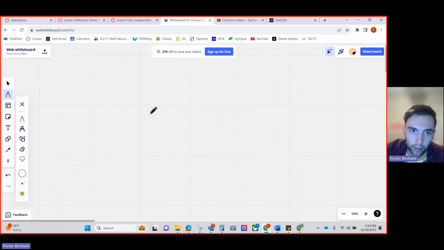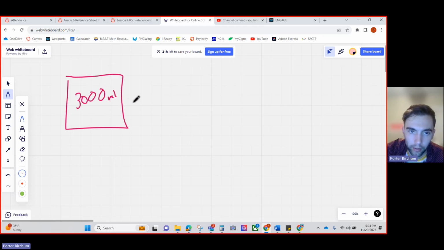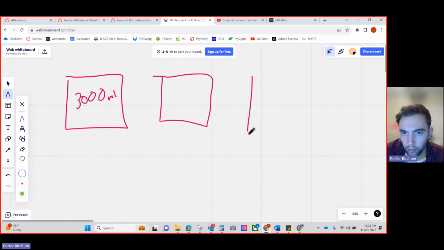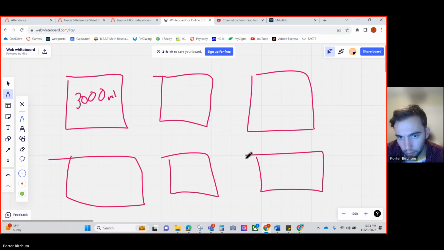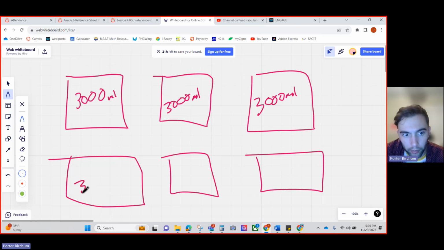So let's draw this out. We have one jar with 3,000 milliliters, 2 jars, 3, 4, 5, 6, 3,000 milliliters each. She did it 6 times, 6 different jars, 3,000 milliliters.